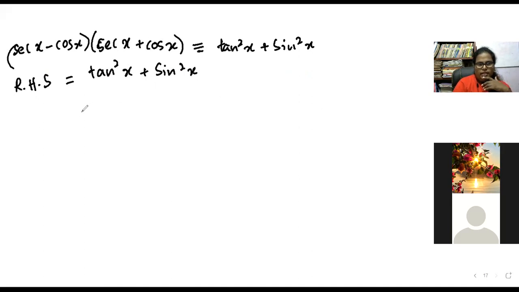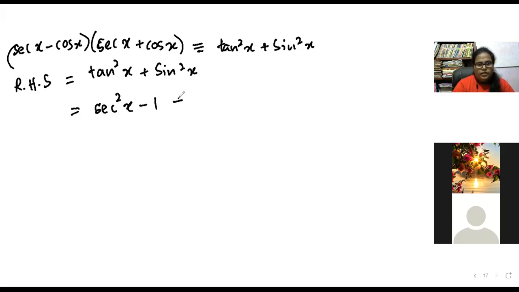So when you are taking this tan square x plus sine square x, by seeing the solution in the left hand side, you have to construct your simplifications here. You know that 1 plus tan square x is equals to sec square x. So we can write this one as sec square x minus 1.